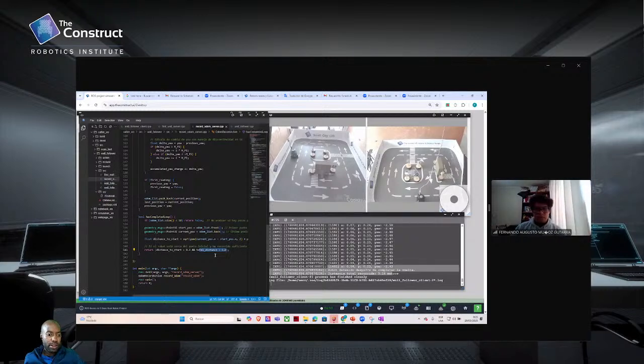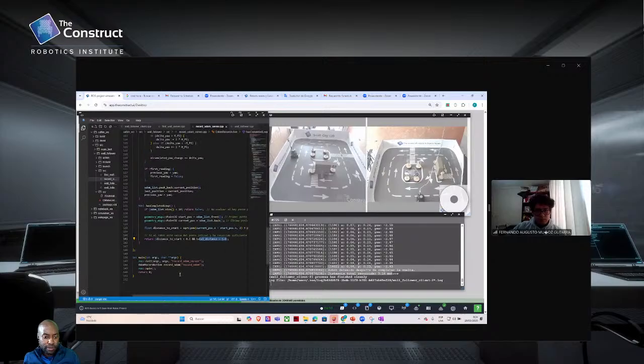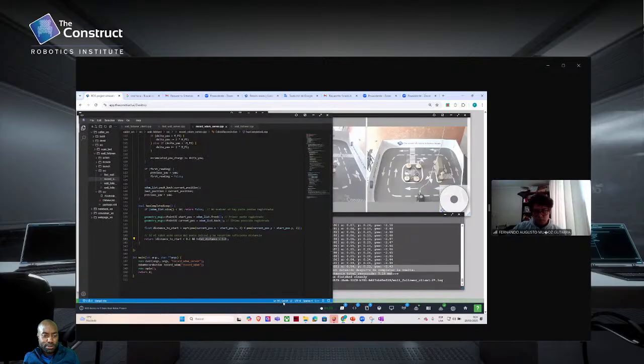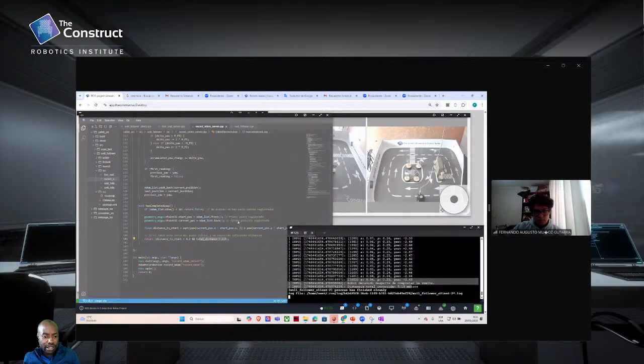Okay, so you are basically checking a radius of under 20 centimeters, right? That's when you will make your robot stop. And if your distance is less than 3 meters, then the robot must consider itself not to be at the starting point yet.